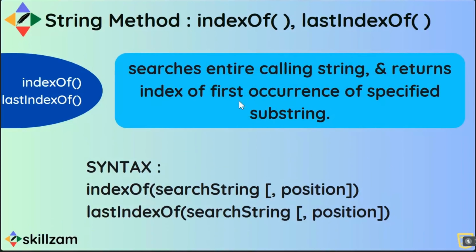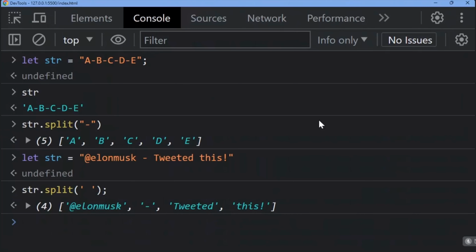And then what else? There is also something called indexOf and lastIndexOf. I would be using it very often. What it says: indexOf searches the entire calling string and returns the index of the occurrence of a specified string. Now let's take the same example.